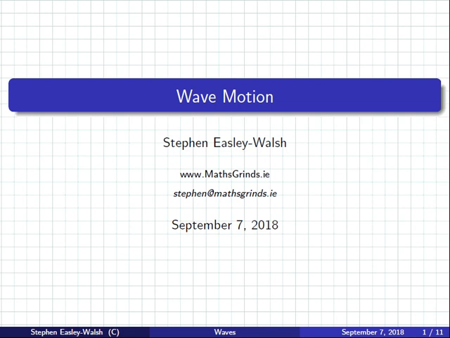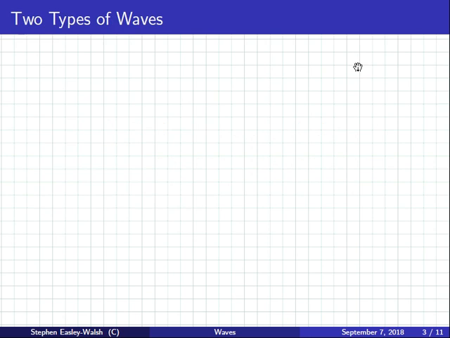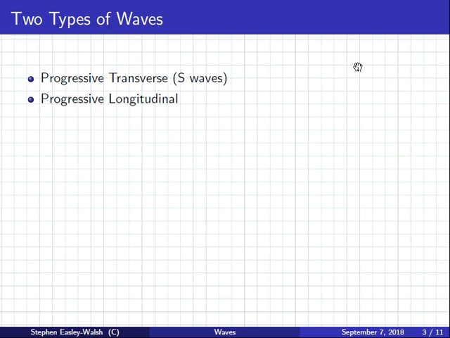That one, yeah. That's right. Okay. So there's two types of waves. We have progressive transverse, also called S waves, and progressive longitudinal, also called P waves. So what exactly is each one?